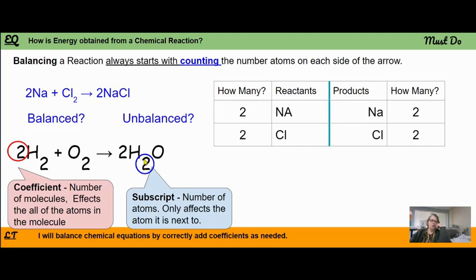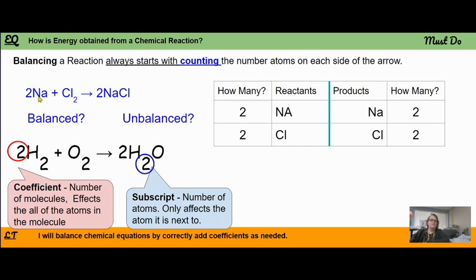That only affects that one particular atom, okay? So here I have two hydrogen molecules, each have two hydrogens. So that makes 4 hydrogens, okay? Here I have, we don't write ones, right? So I have one oxygen molecule. So there are 2 oxygens.